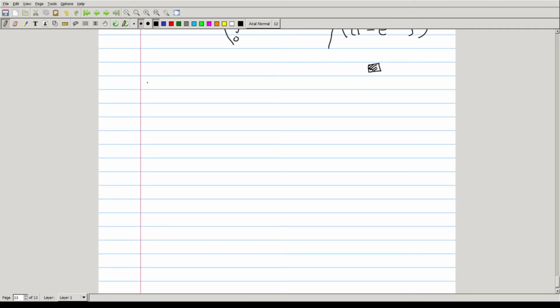So for a quick example, we'll just consider the sawtooth function f of t with period p of 1.